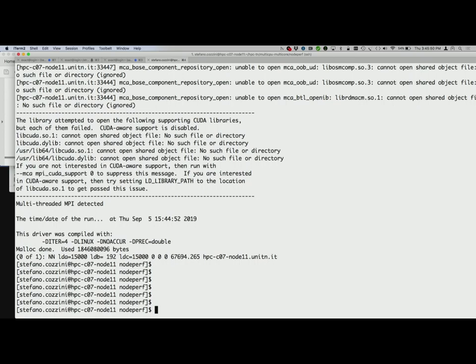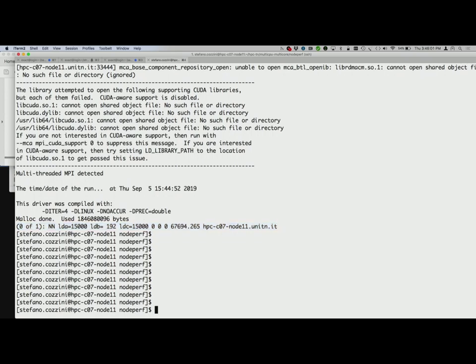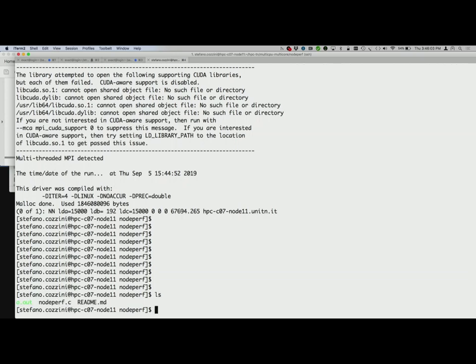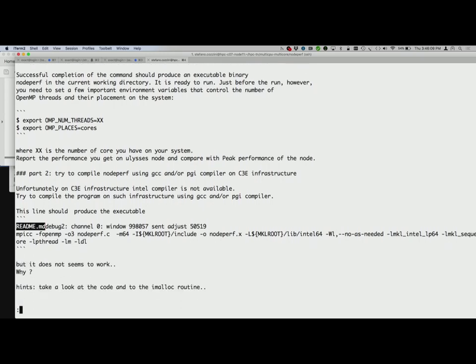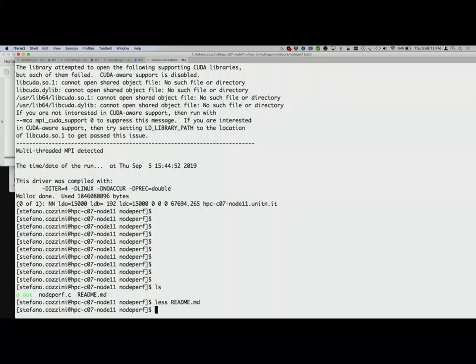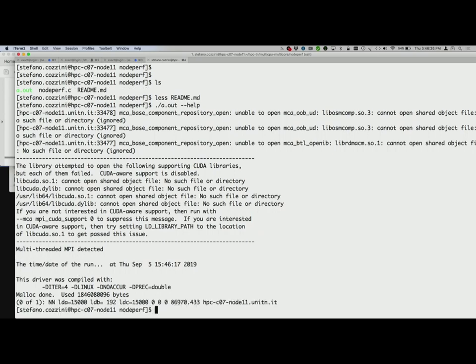So you see, this is the output of the code. It allocates this, and this is the performance that you can get.